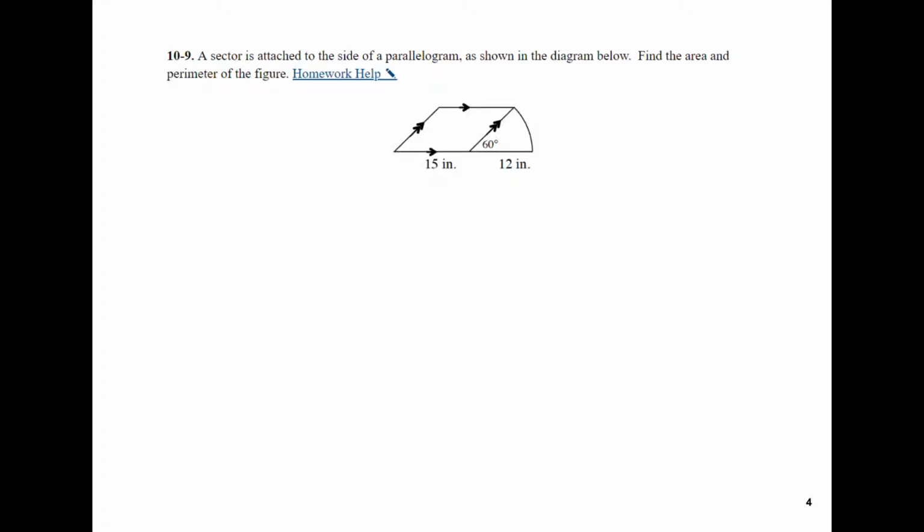10-9 says a sector is attached to the side of a parallelogram as shown in the diagram below. Find the area and the perimeter of the figure. So looking at our figure, we know that the top of our parallelogram is also 15 inches.